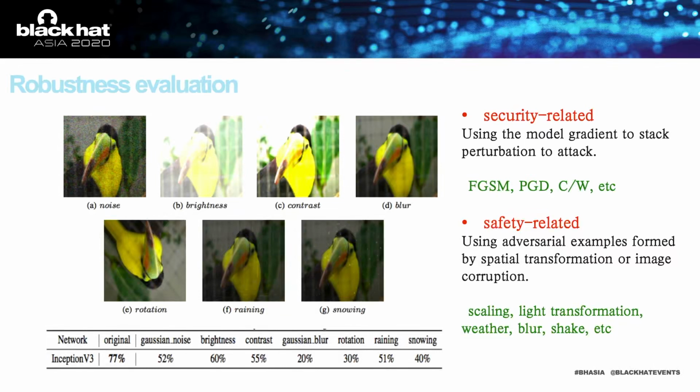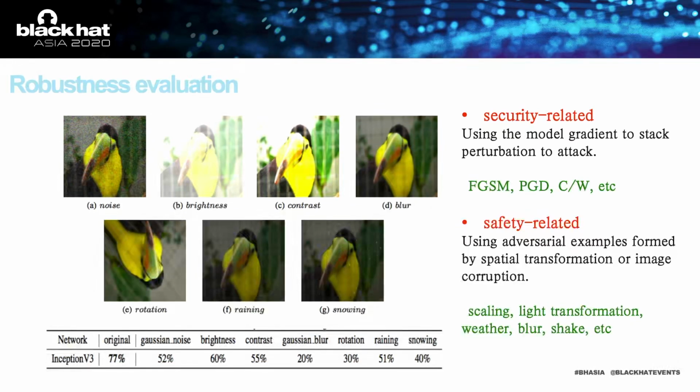The first is safety-related, using adversarial examples formed by spatial transformations or image corruptions, such as scaling, light transformation, weather, blur, shape, etc. The second is security-related, which uses the model gradient to add a perturbation to attack, such as FGSM, PGD, CW, etc. The first is more general and more common, and also supports black box testing.